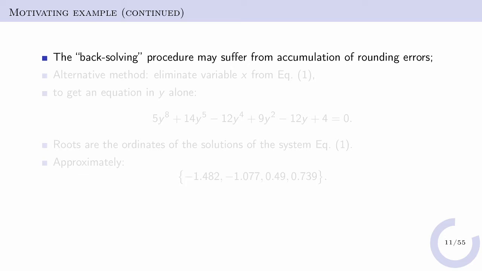For two variables, it's not that bad yet. However, if we imagine that we have a system of many equations with many variables, and we solve it by back substituting one by one, variable after variable, we will stack these approximations on each other.